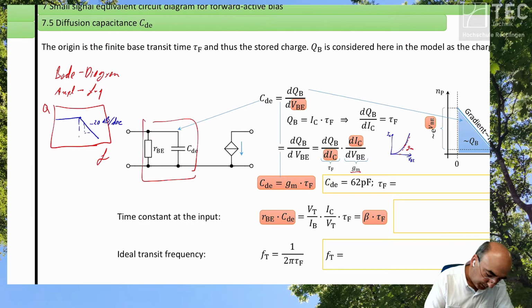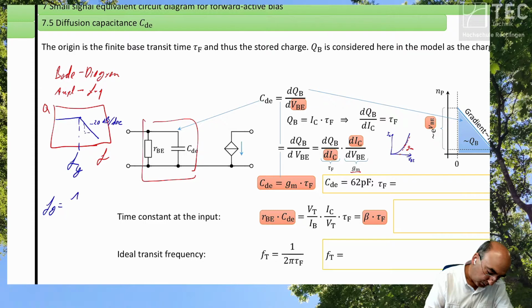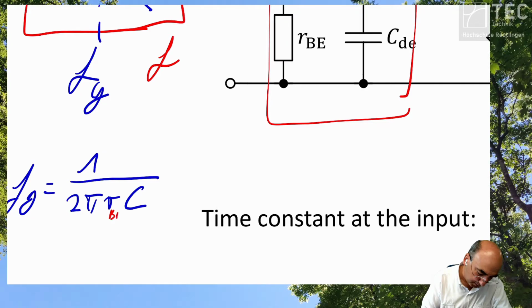And this corner frequency is 1 divided by 2 pi RC. And say what index? RBE, CDE.